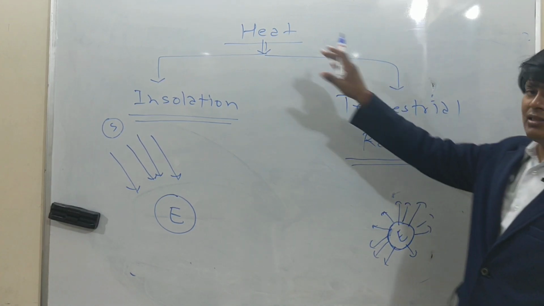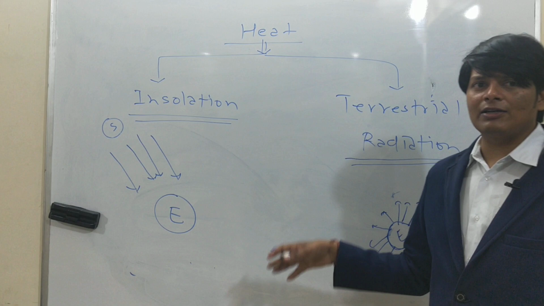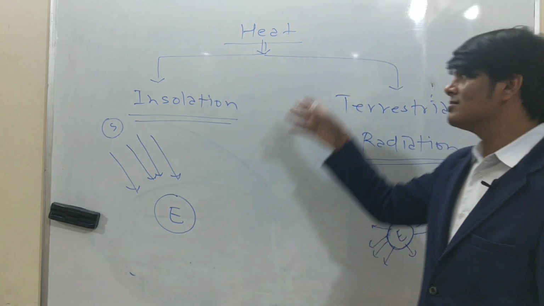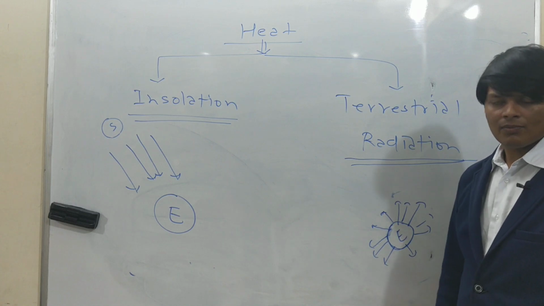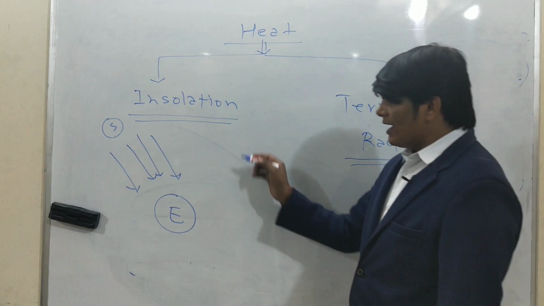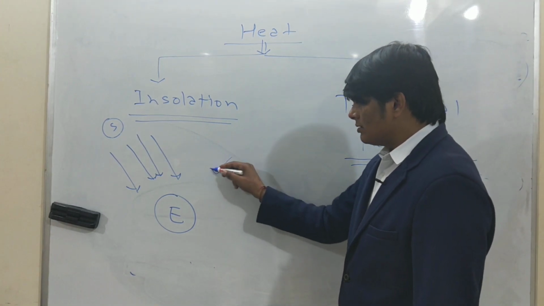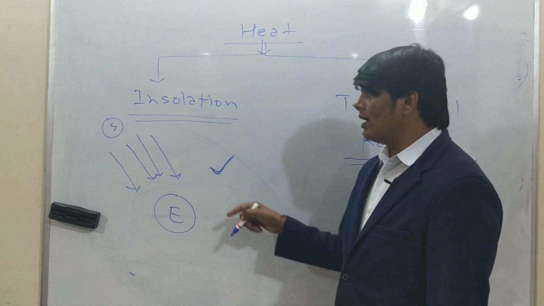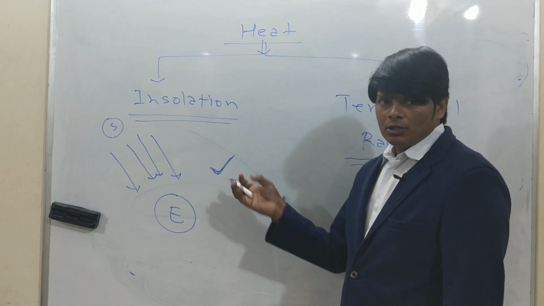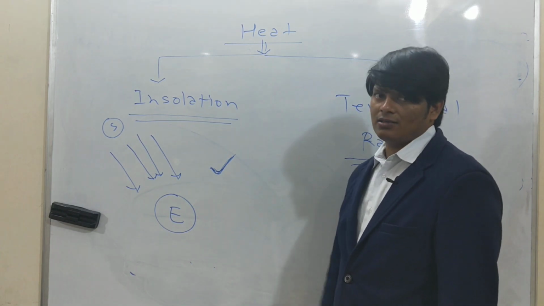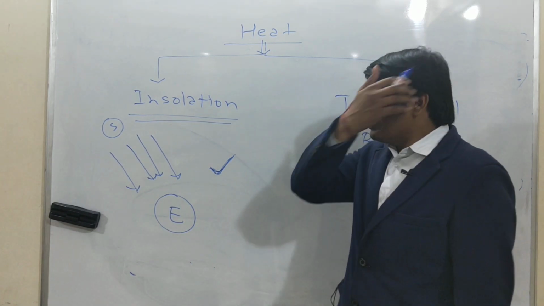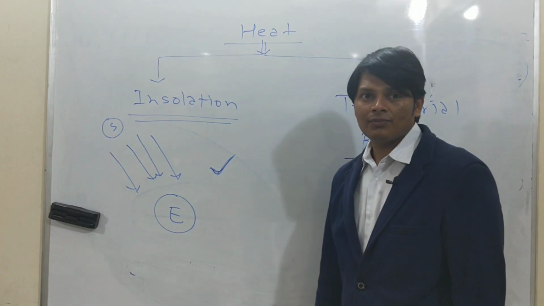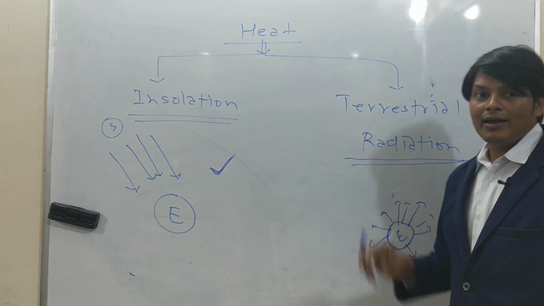So I am talking about the second part which determines the temperature of the troposphere, and that is heat. The gases of the atmosphere do not absorb much heat from insolation or solar radiation.